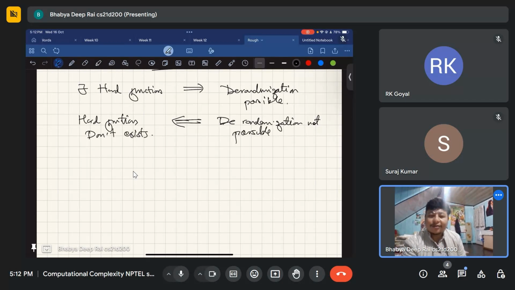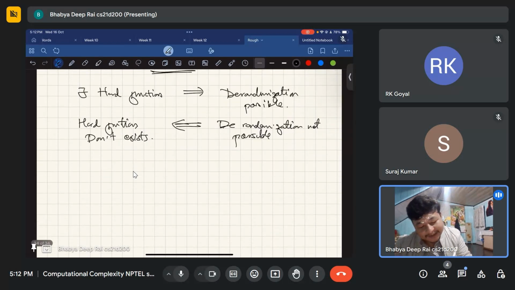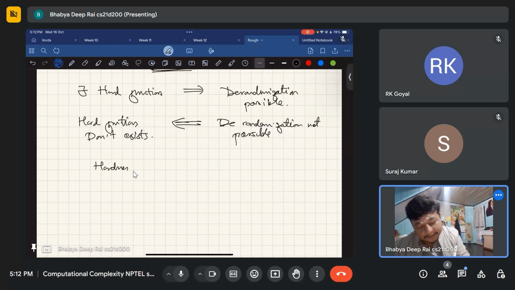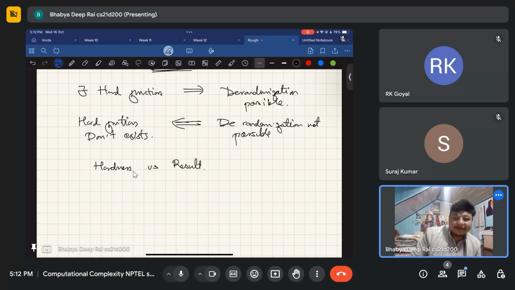Okay, so this is what is called the hardness versus randomness results, and there is a lot of research going on in this area. There are lots of theorems of this flavor, which hint at a connection between randomness and hardness. So now you are taking hardness as a computational resource.